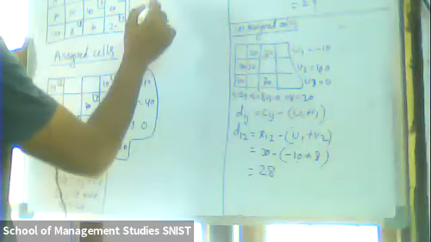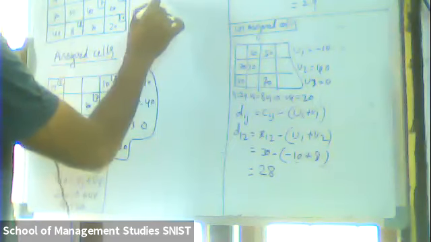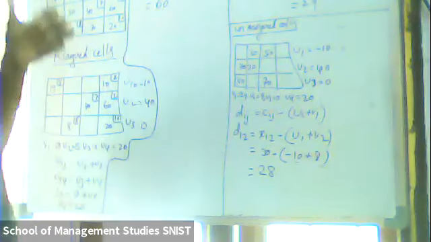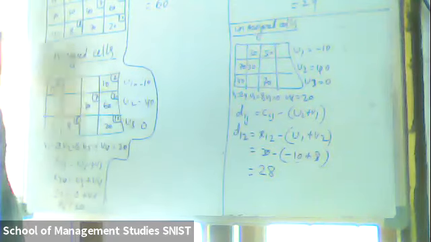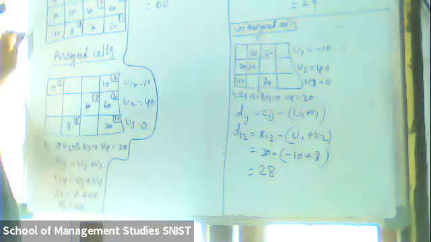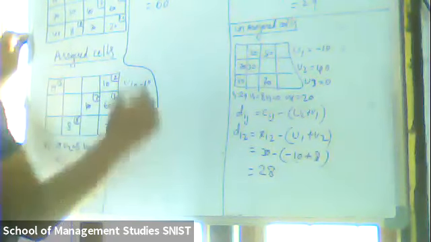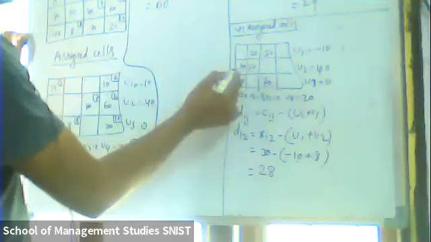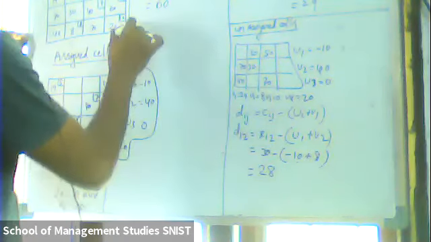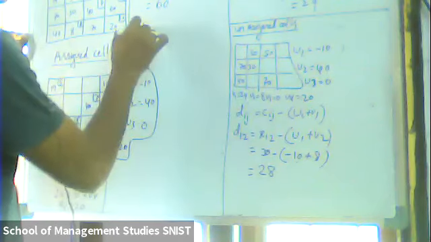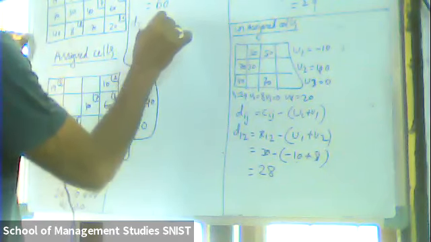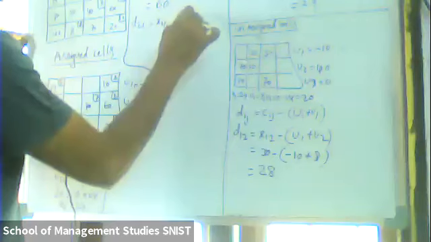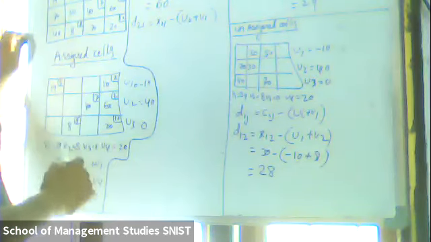D13 is 60. Okay. Now next, D21 equals X21 minus (U2 plus V1).